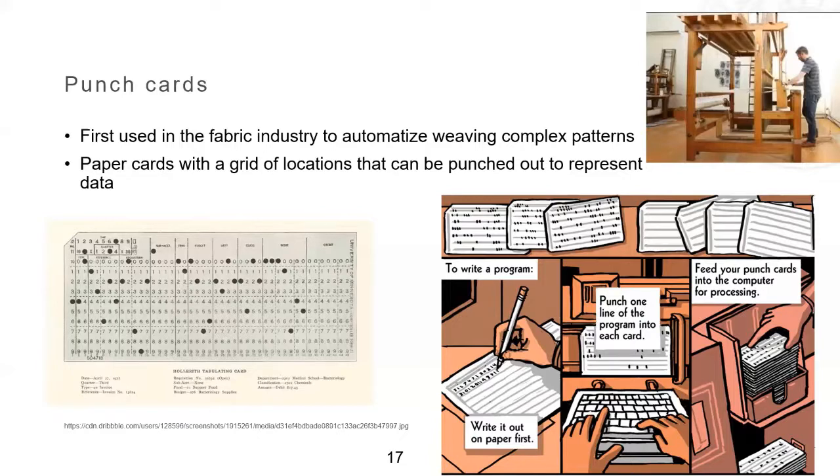They would first write their programs on a piece of paper, then punch their programs into punch cards, and then these punch cards would be fed by a human operator to the computer. So programming was even done first using punch cards.